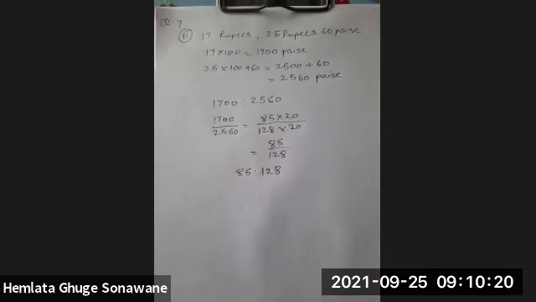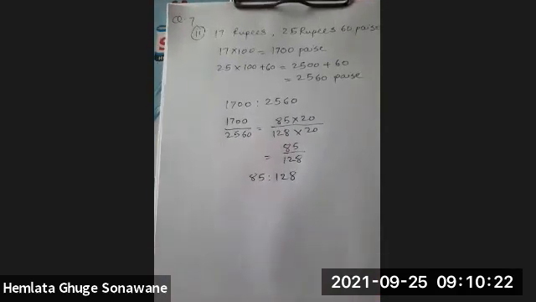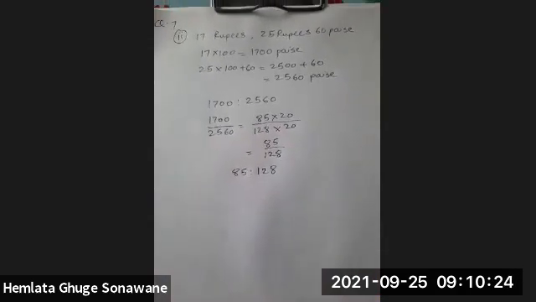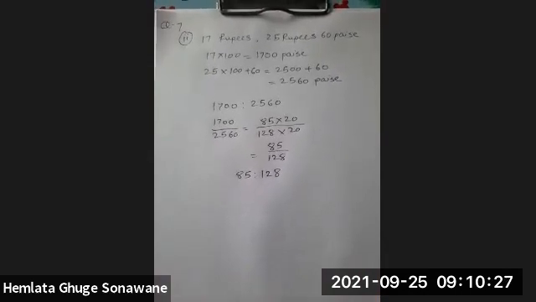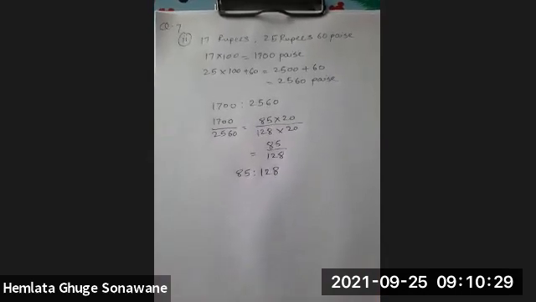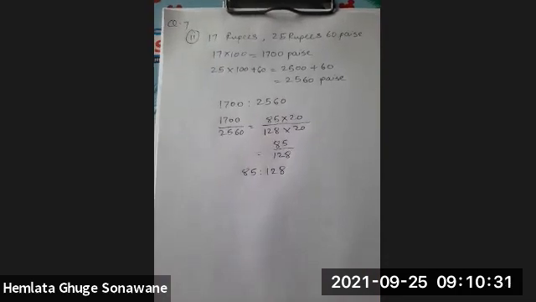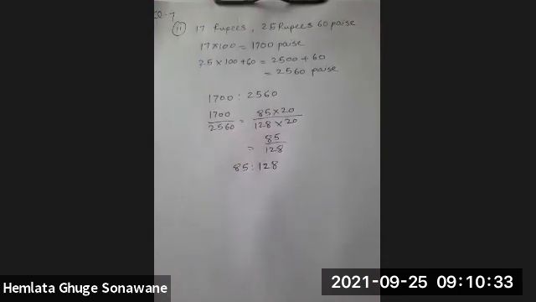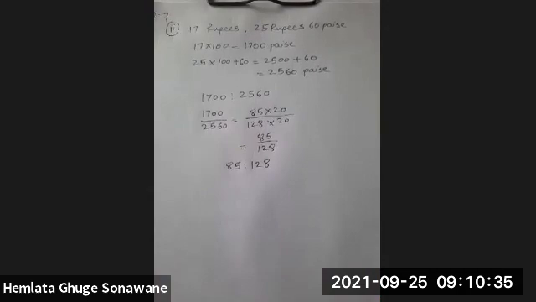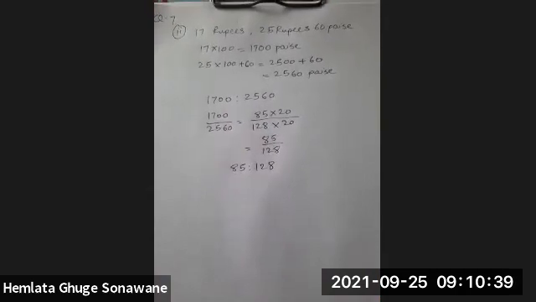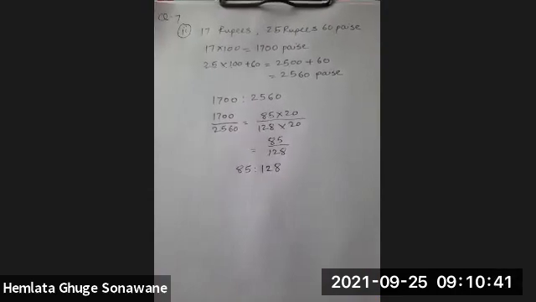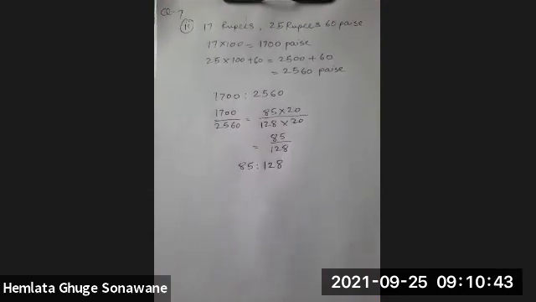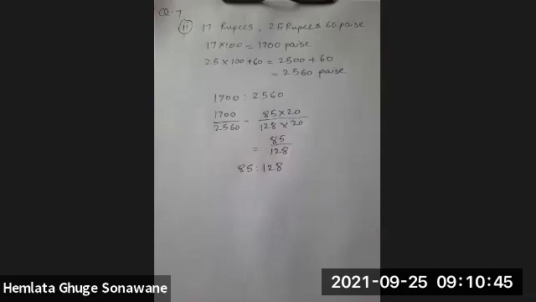This is the reduced form of the given quantity. We have to make units equal, and then we have to find out the reduced form.